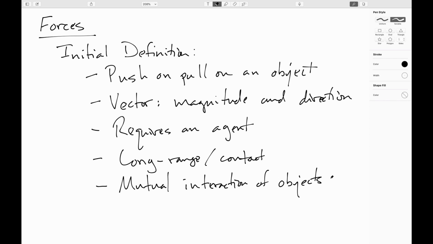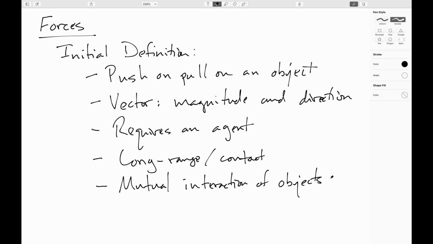I think we've all run into cases like, say, when you throw a particularly heavy ball, you find that you can apply a force on the ball, but apparently the ball is also applying a force on you because your hand feels really sore afterwards.